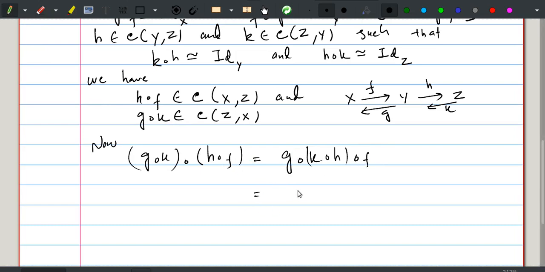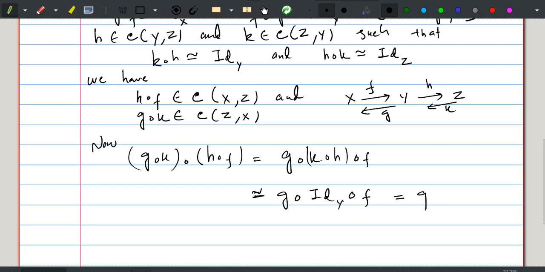This is homotopic to g composed with, now k composed with h is homotopic to identity on Y, composed with f.